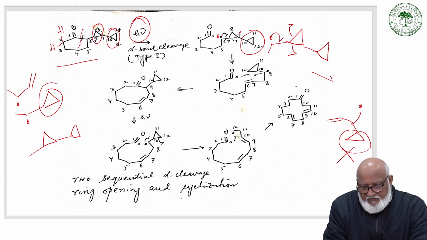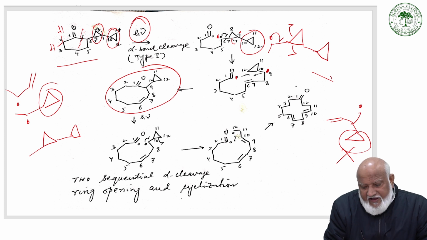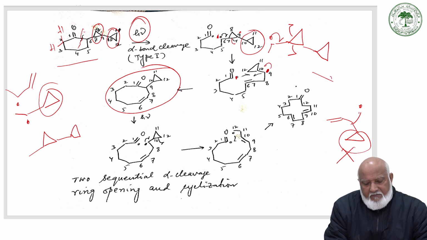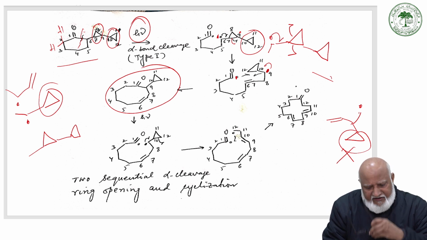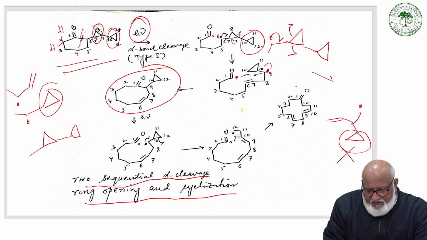So this bond cleaves to give a radical adjacent to the cyclopropane ring, and then this radical will combine to give one of the products. There is also a possibility that this radical can once again be involved in opening of this ring, but it has been reported that the photoreaction of this particular compound is a 2 sequential alpha cleavage and ring cyclization.